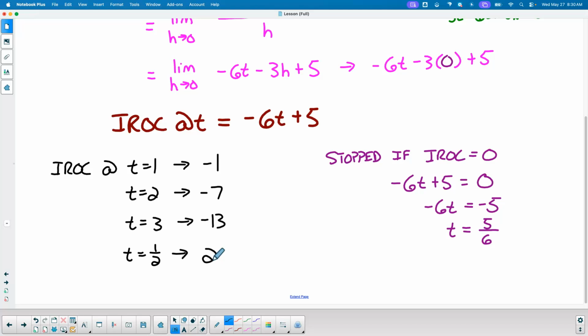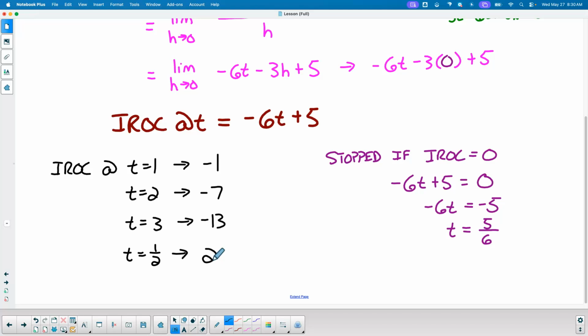Because at t equals 1/2, I've got a positive IROC. So I start going forward. How long am I going forward? So 5/6 of a second, right? Then what happens at 5/6 of a second?